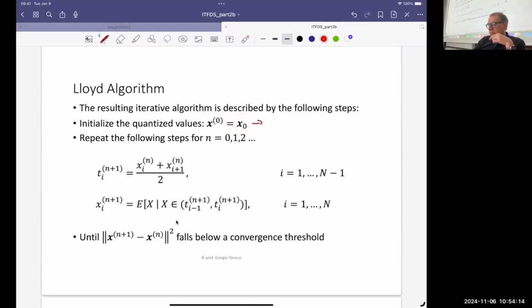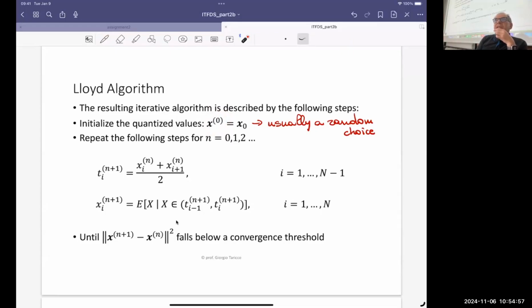That's usually a random choice, so we pick up a certain set of real numbers at random, and we just need to sort them in an increasing order, because the quantization points are sorted. They go from the minimum to a maximum. And we use these random values to initialize the vector of quantization points.